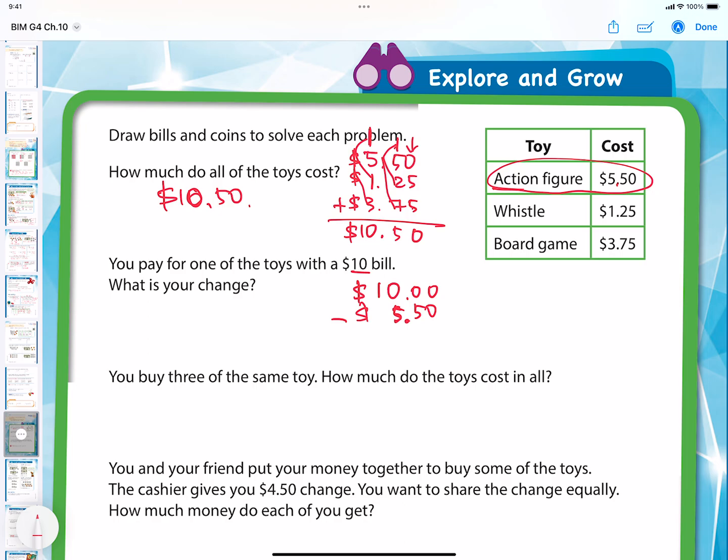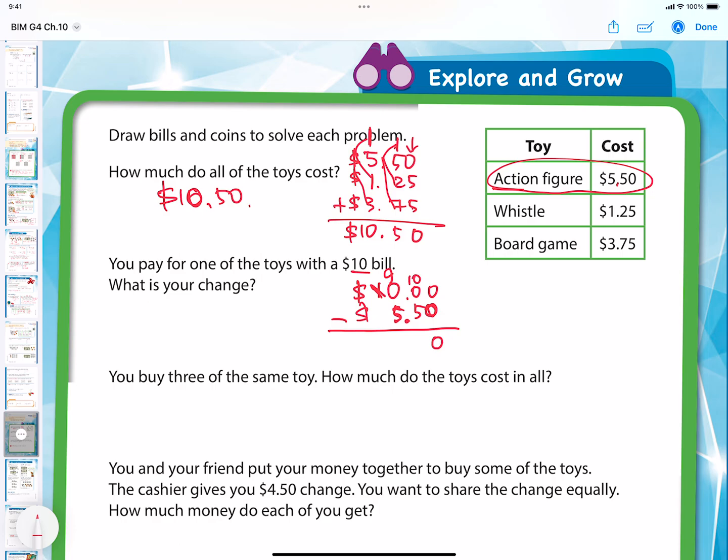Okay, so here there's nothing to subtract in the hundredths place, but this tenths place is the problem. And that time I'm going to borrow it from what? The $10 bill. Okay, so it becomes what? A $9 bill, and I'm going to break that $1 bill into what? 10 dimes.